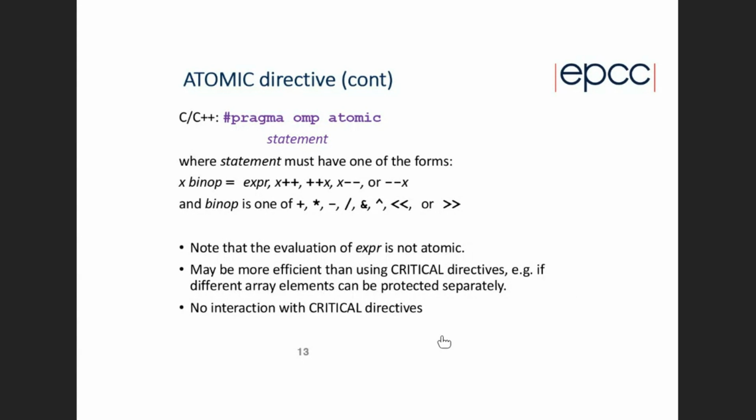It's also important to remember that there is no interaction between atomic and critical. If you try to protect access to a memory location using critical in one place and atomic in another, that does not work. Critical and atomic don't mutually exclude.